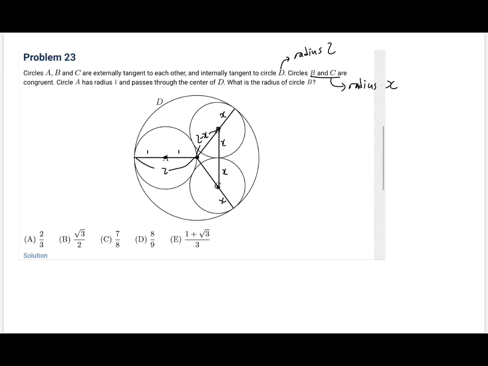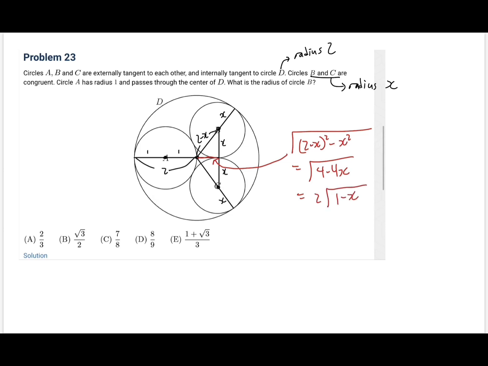If we put in this line, we could say that this line is equal to root of (2 minus x) squared minus x squared, which equals root of 4 minus 4x, and so this is 2 root 1 minus x, right?